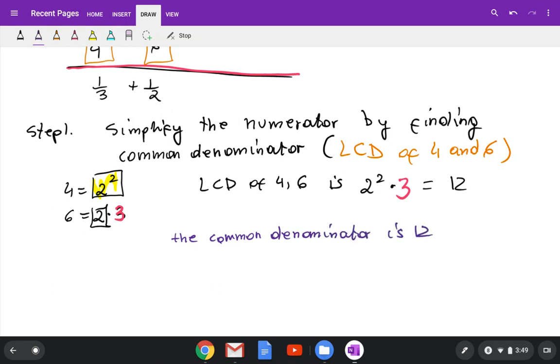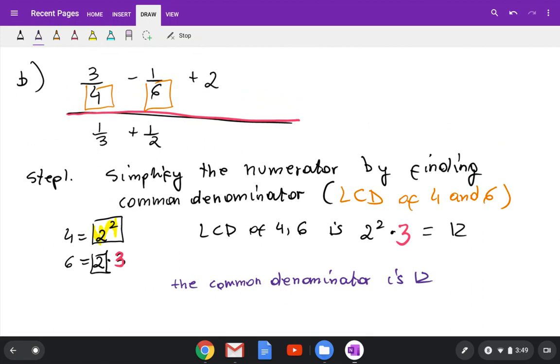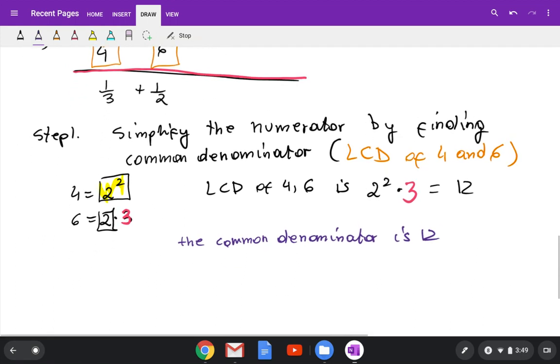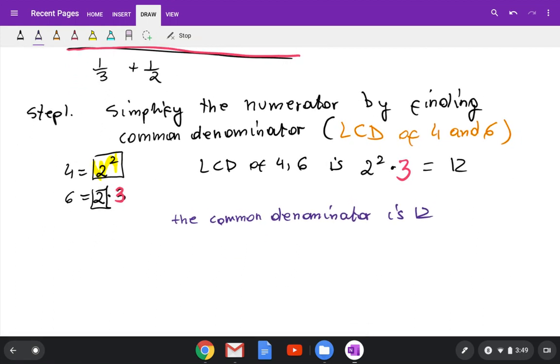is 12. So how we're going to simplify? We're still on step 1. I don't want to write too many steps.